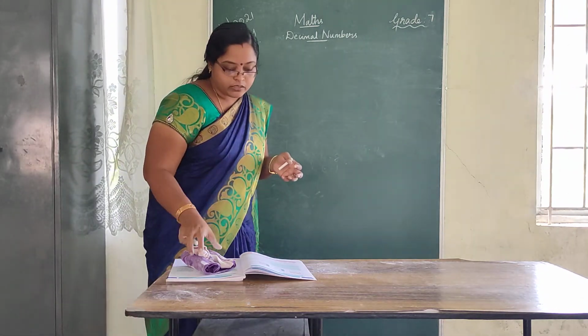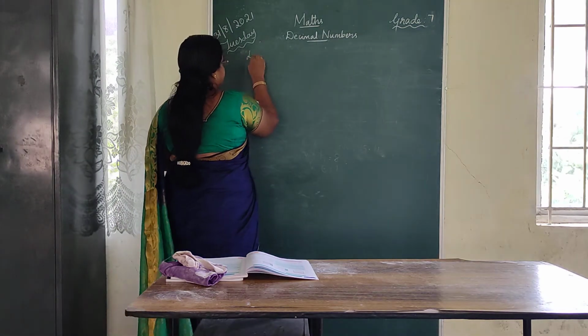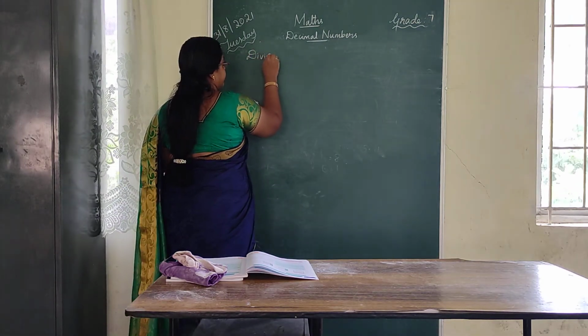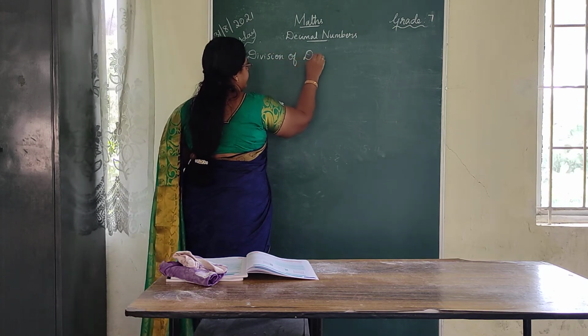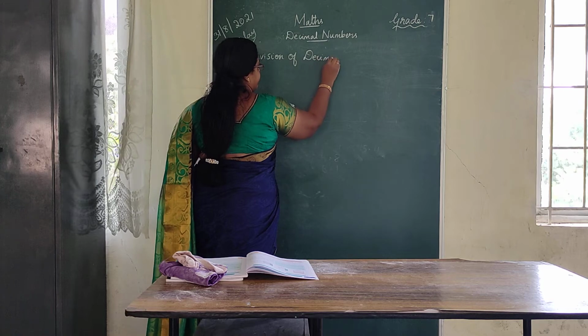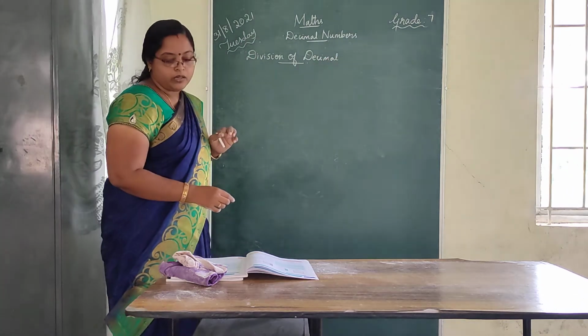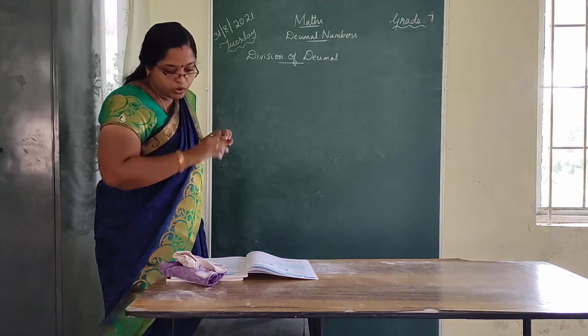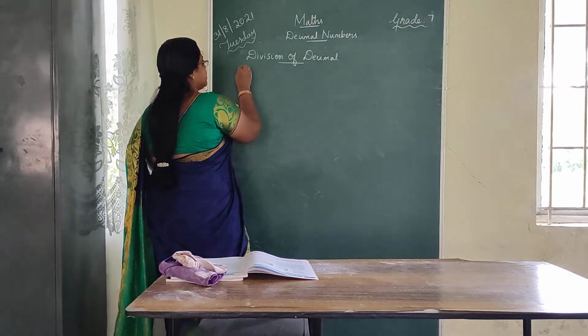Okay. So the next topic is division of decimal numbers. Division of decimals. Okay. So here the question is 6.4 divided by 2.